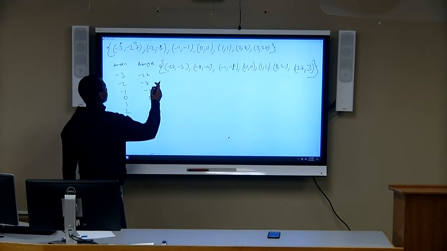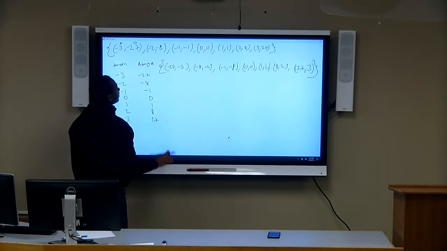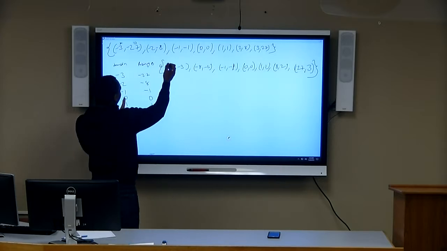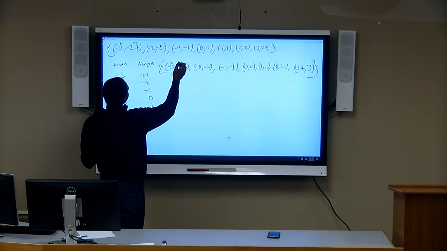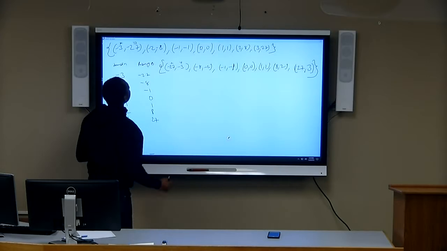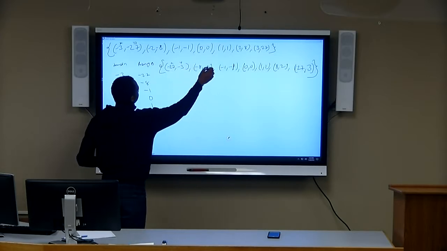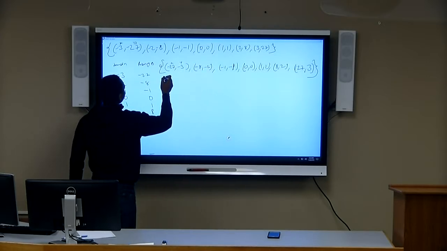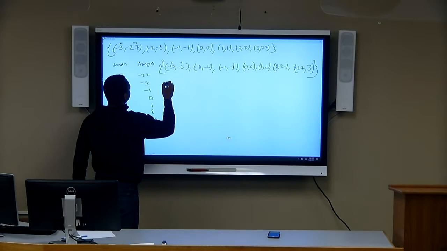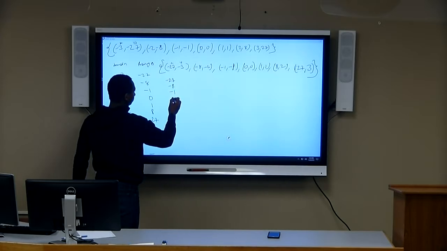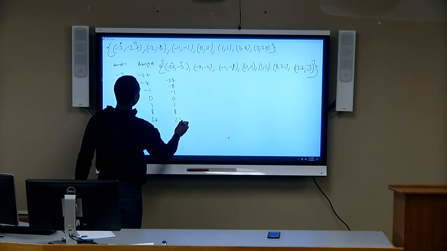Now, what the question said is to find the domain and the range of the inverse. If we assume that this side is our x and this side is our y, our domain is going to be the first one, and the range is always going to be the second one. So I'm writing the domain: 27, -8, -1, 0, 1, 8, 27.